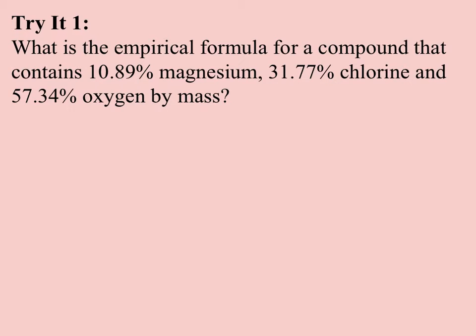And by now you probably remember oxygen 16 grams per mole. So I'm going to have just less than 4 moles here. 57.34 divided by 16 is 3.584 moles of oxygen.